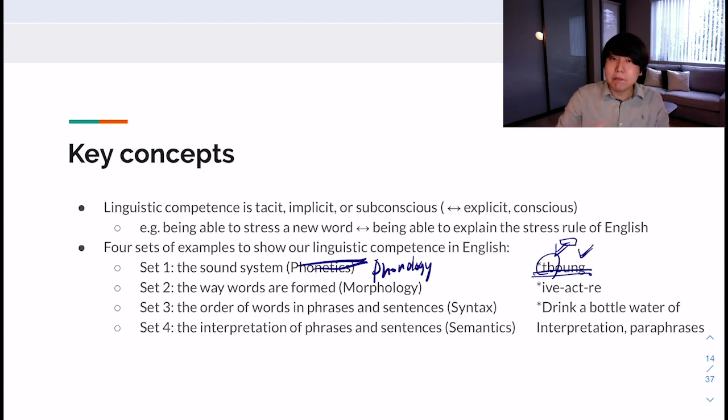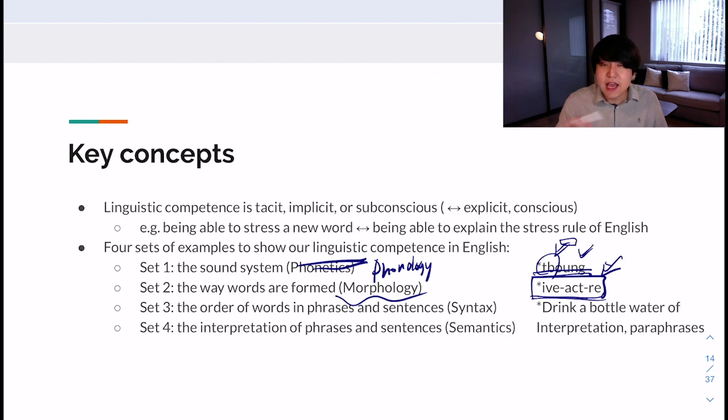So the only possible way to arrange these morphemes is "reactive." You know that because you have morphology in your brain. But you also know that "iveactre" is an impossible word in English because it is not grammatical at the level of morphology.